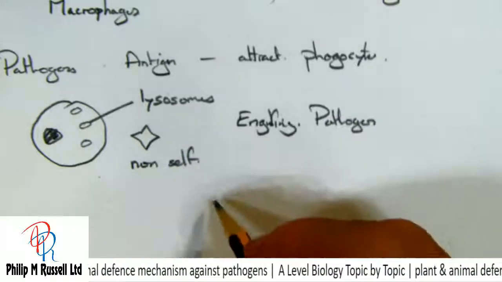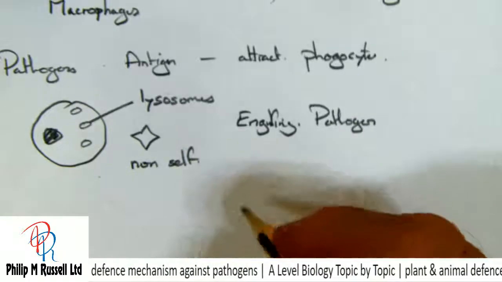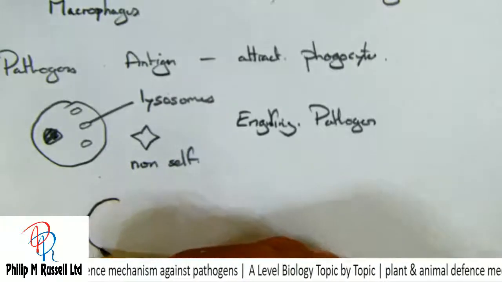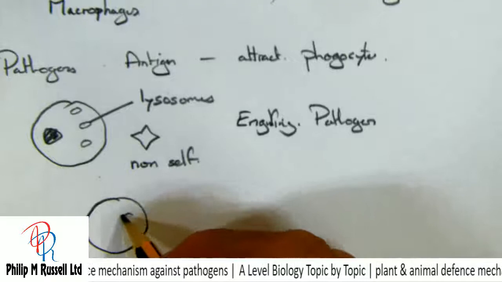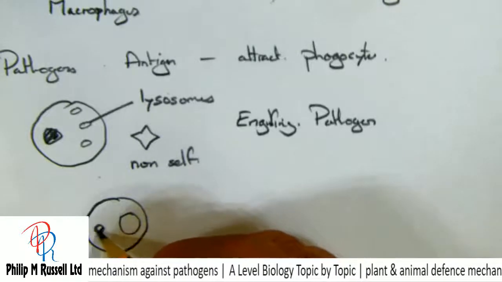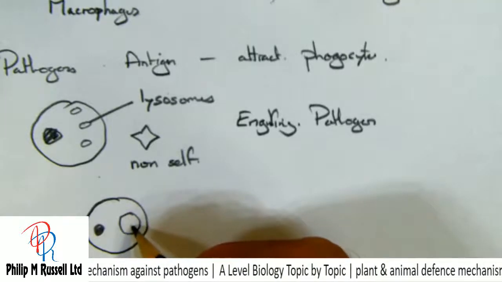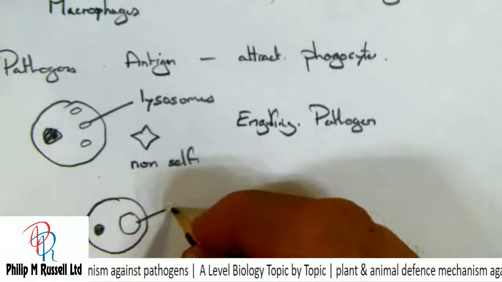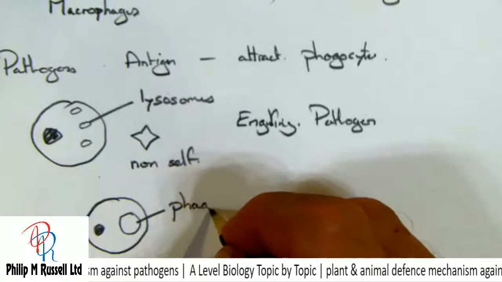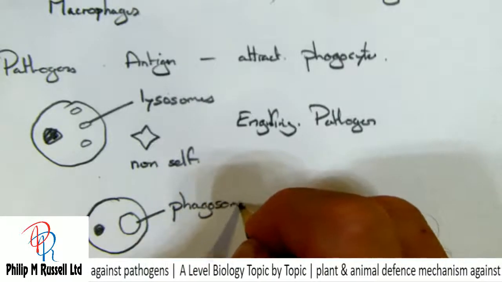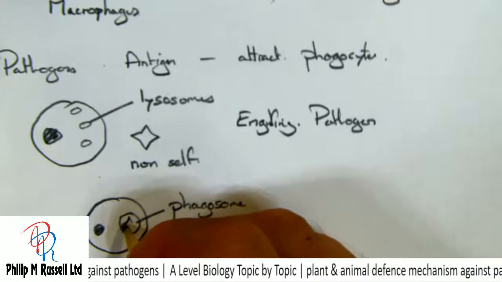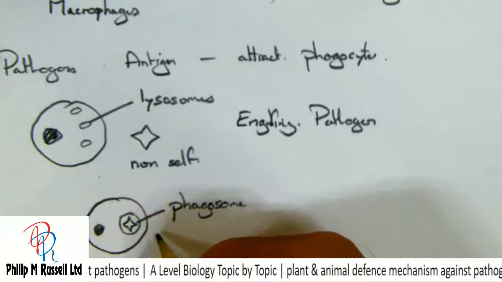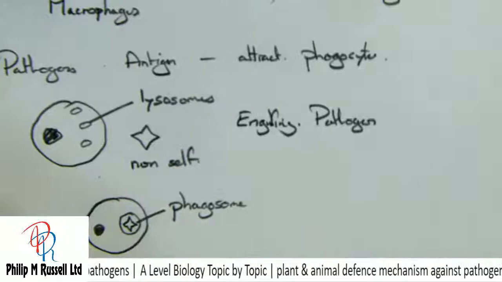As it does so, it produces a small vacuole, and this is called a phagosome, and in here is going to be our pathogen, not well drawn to size here.